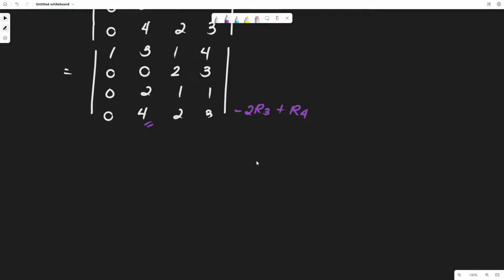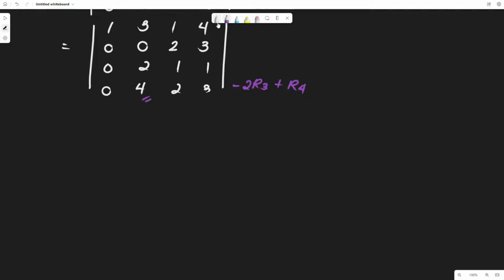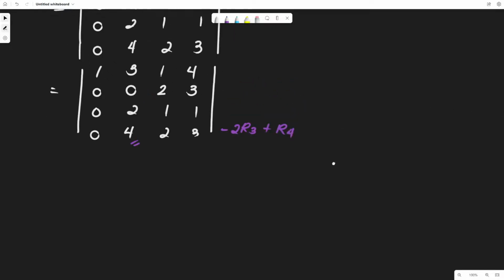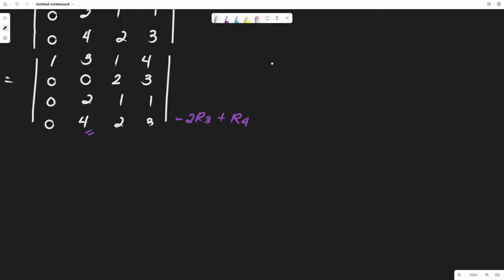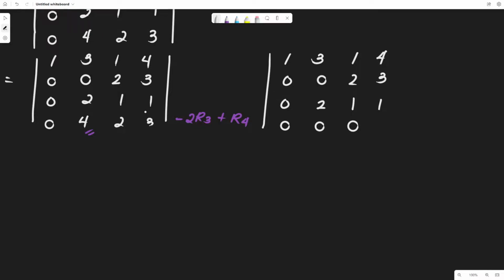I can do that. So I put it here: 1, 3, 1, 4, 0, 0, 2, 3, 0, 2, 1, 1. Okay, so of course 0. Negative 2 times 2 plus 4 is 0. Then negative 2 plus 2 is also 0. Then negative 2 plus 3 is positive 1.